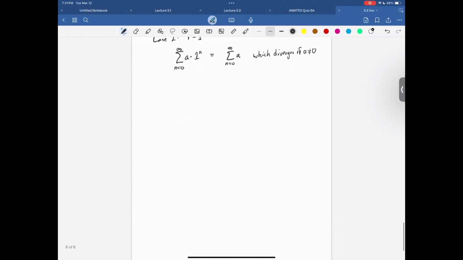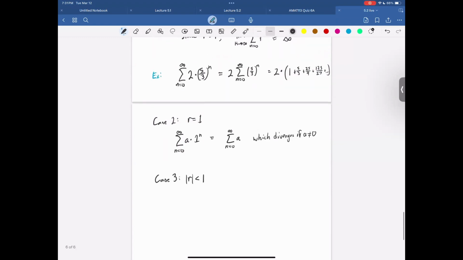But somewhat interestingly, if our ratio is less than 1, then we wind up with some fascinating behavior. Because recall up here, as we take higher and higher powers of our ratio, it grows out of bounds.